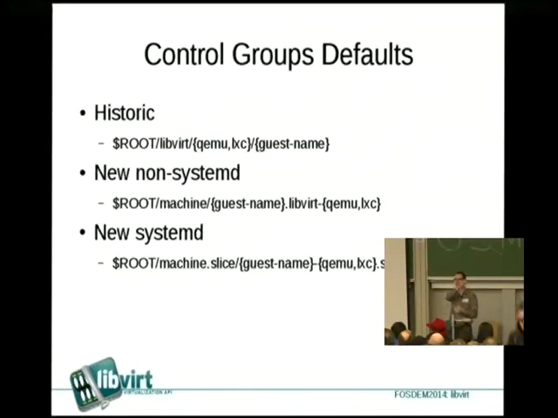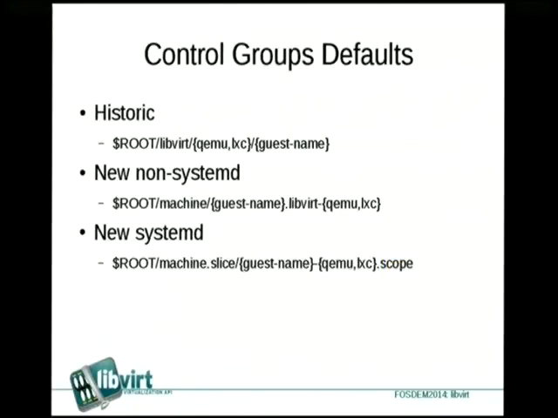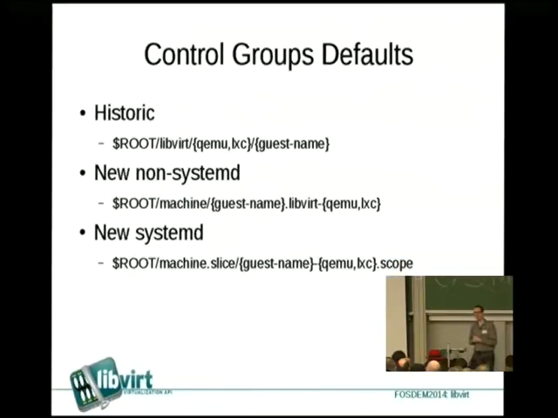For a start, the way we laid out cgroups in a very deep hierarchy caused a lot of pathological kernel performance problems, to the extent that it was completely unusable if you had large SMP guests or lots of guests running. Now, the kernel guys have thankfully fixed most of the kernel performance problems, but at the same time, we simplified the way Libvirt uses cgroups to avoid tickling those kernel problems in the first place.